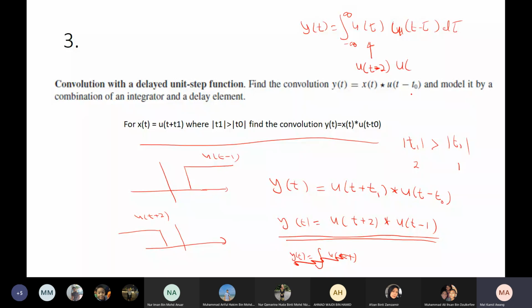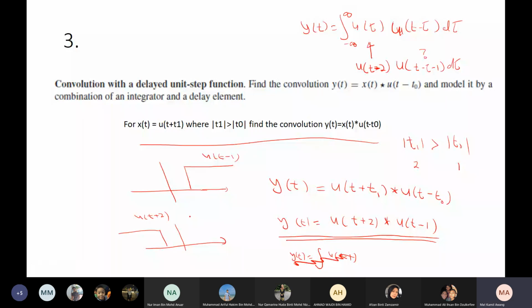You take this, t minus tau. What is tau? u(t minus tau minus 1) d tau. Try to find this. Try, you check. So basically you want to do this, but graphically, basically you flip.